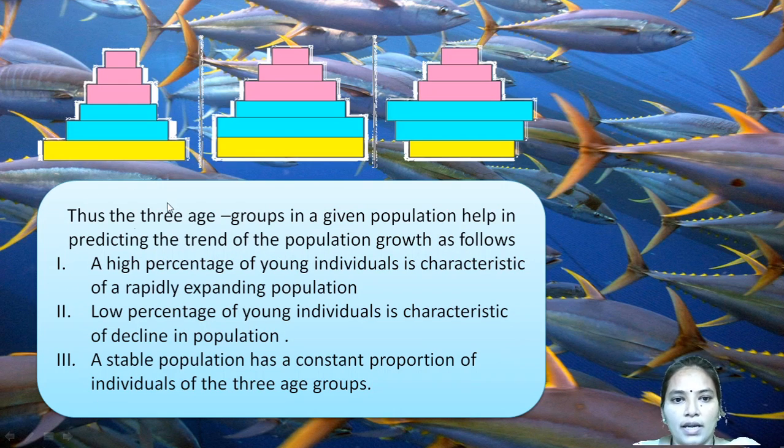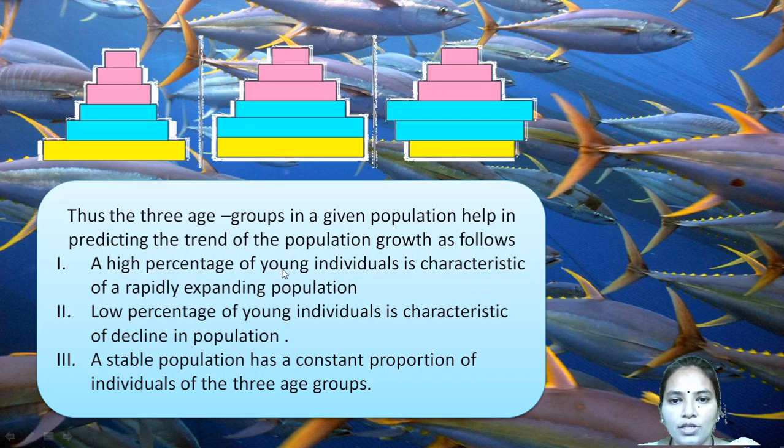Thus, we can say that there are three types of age groups in a given population: an expanding population, a stable population and a declining population. Predicting the trends of population growth, they are as follows.